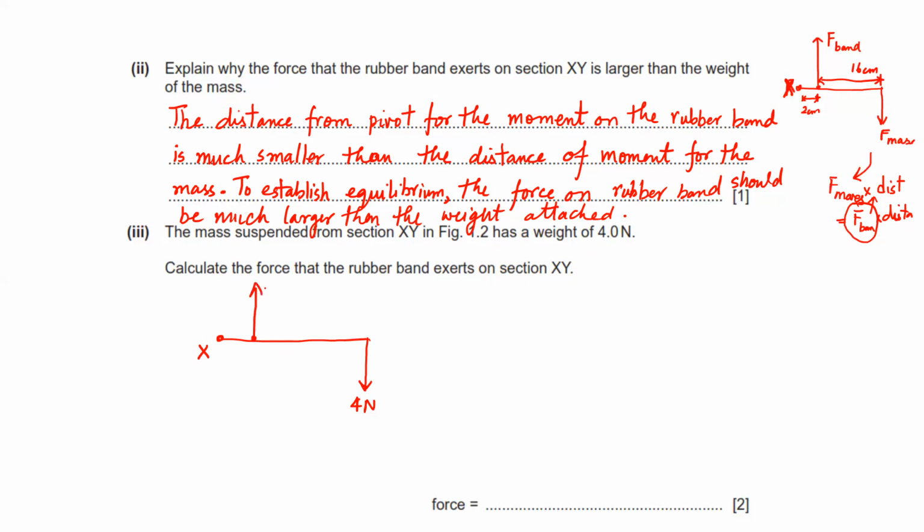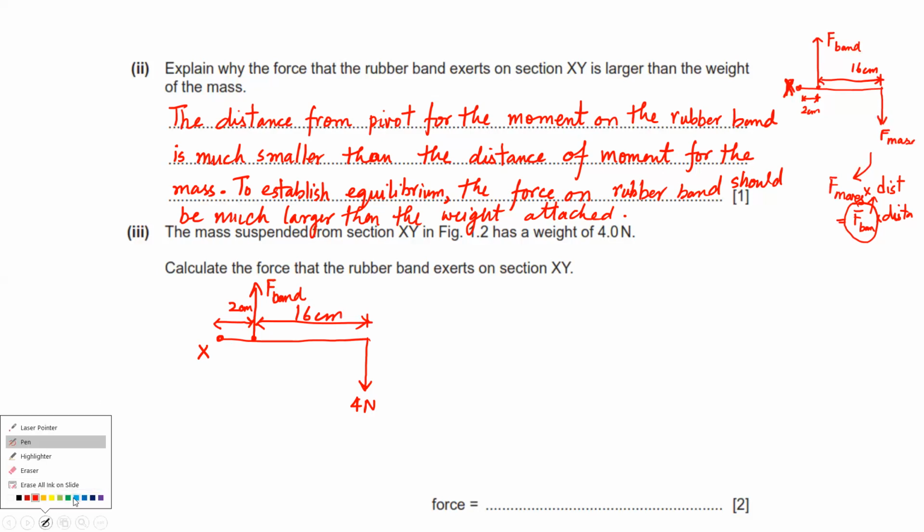Then we have the rubber band force, I call it F band. This distance is 2 centimeters. This is 16 centimeters. So this is the system we have. We have to find out the force that is acting on the rubber band.